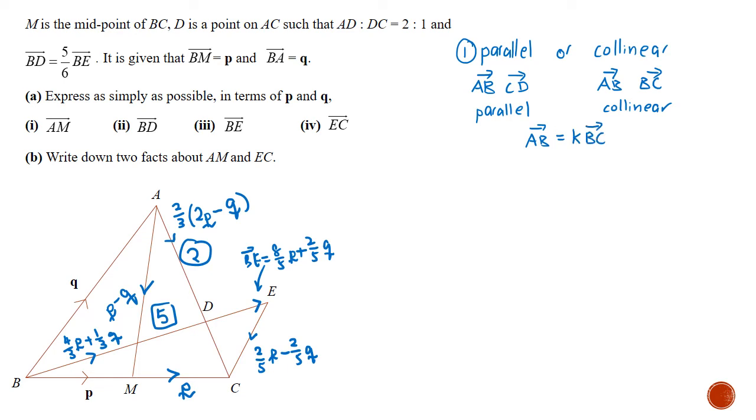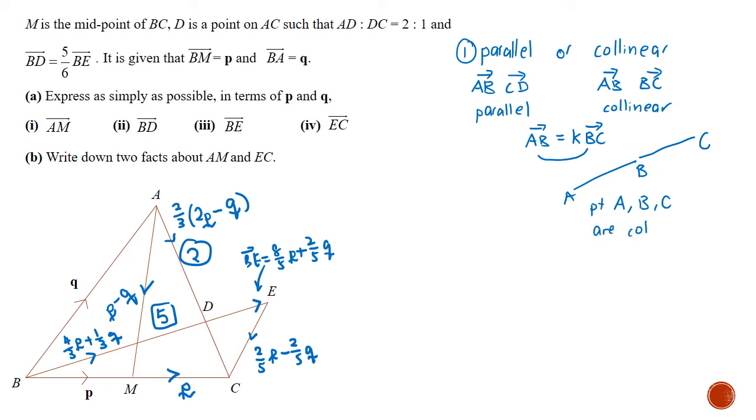To recall, when two vectors are equal and multiplied by a scalar multiple here, we know that these two vectors must be parallel, and since they share a common letter, we know that these 3 points, point A, point B, and point C must be collinear.